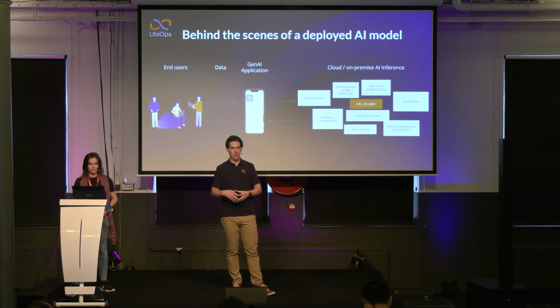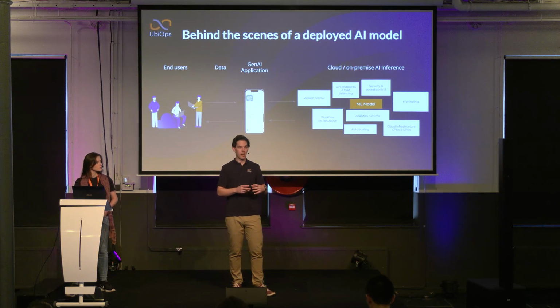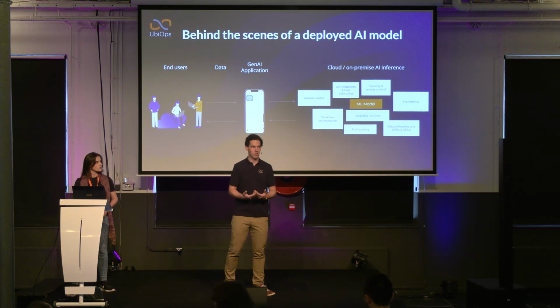You need to think about model management and version control, especially if you have multiple models that you're governing in your organization. You have to keep an administration of what types of models you have, version control them, but also take care of how they scale and where they run. That's the core thing.